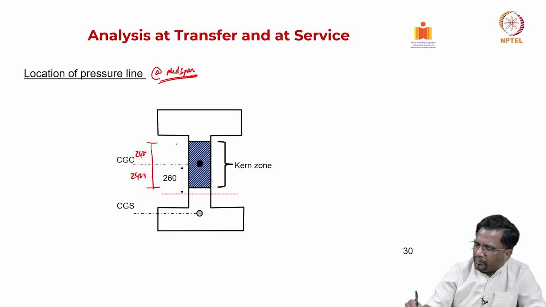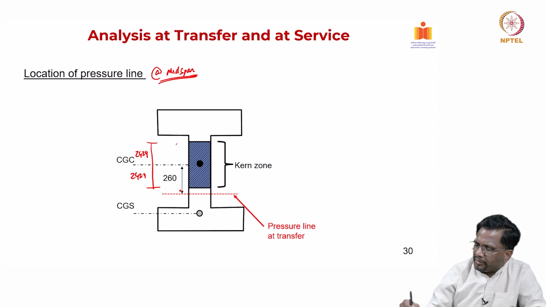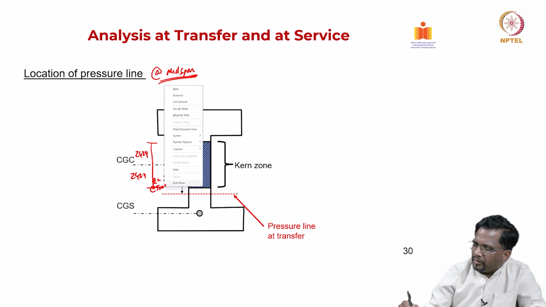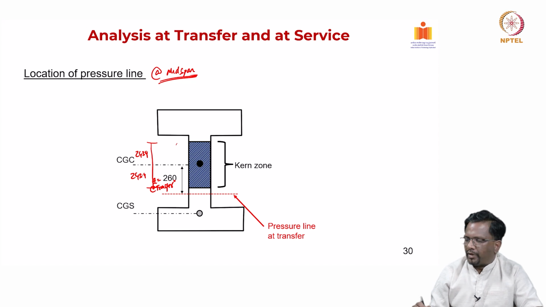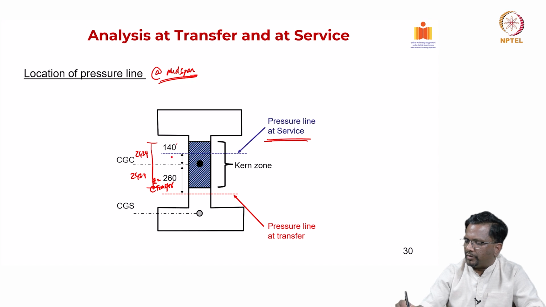But however, here you see, this is your EC at transfer. Now, when you look at it, at the top it is going to be at 140, this is at service. So, this is EC.